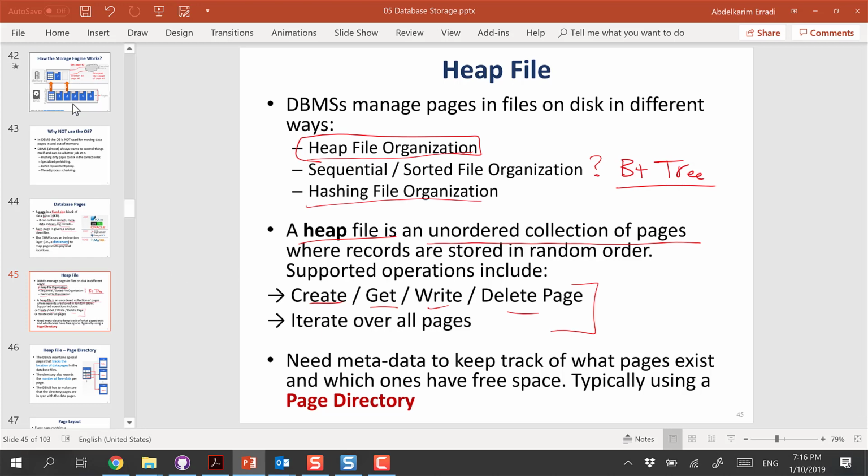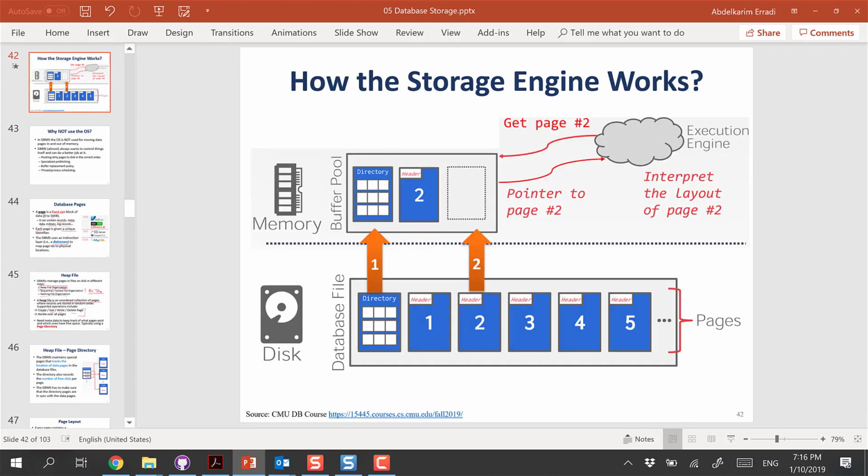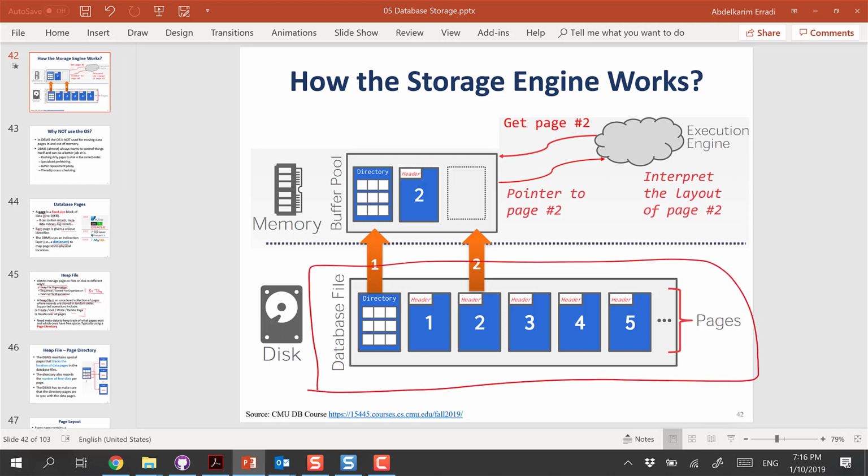So imagine this file organization is using a heap file. You can get a particular page, write a particular page, delete a page, or iterate through the pages. Those are the operations you can do on a heap file.